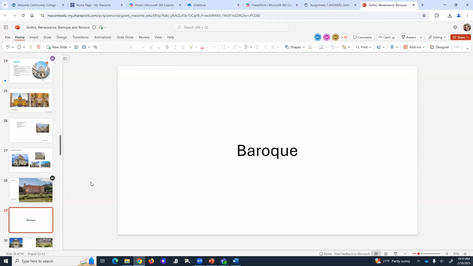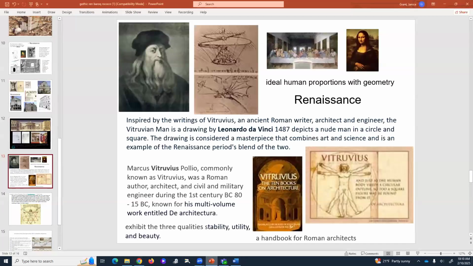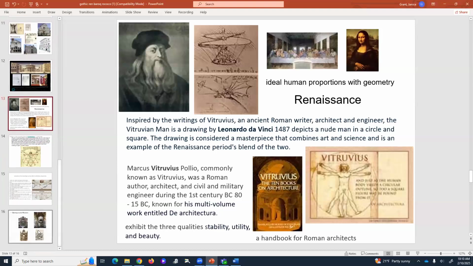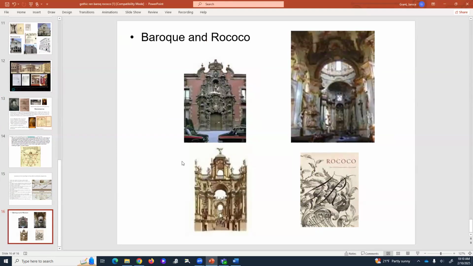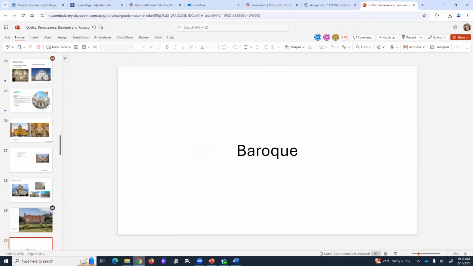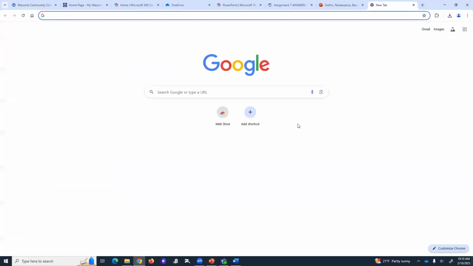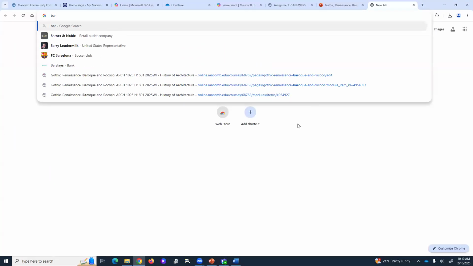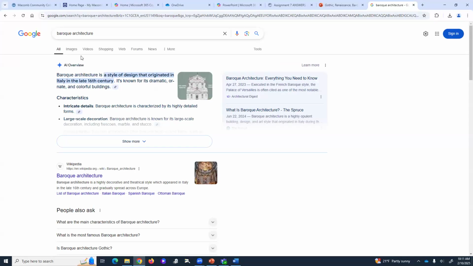All right, so Baroque. I have one slide. I know I have more of a presentation, but I'm going to rely on you guys to add to it. Baroque and Rococo. These two styles really added a lot of decorative detailing.